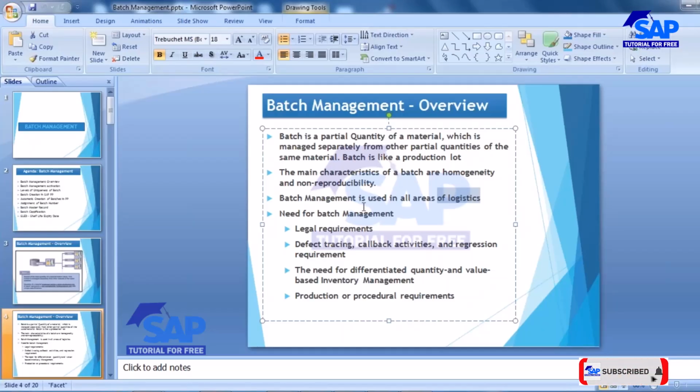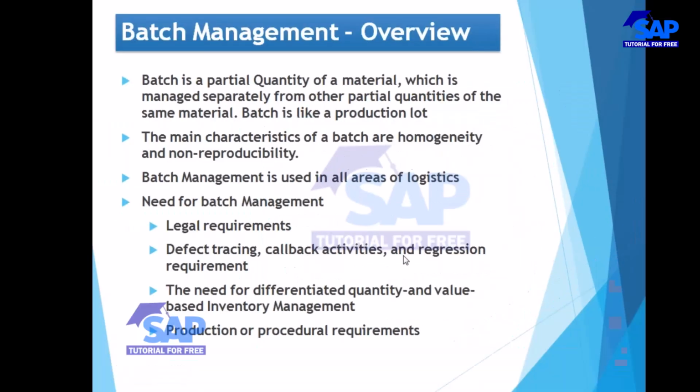Why do we need batch management? The need is for legal requirements and defect tracing. Suppose you received a market complaint for a particular material; how will you identify on which date that particular stock which got the market complaint was produced? You do that through the batch.